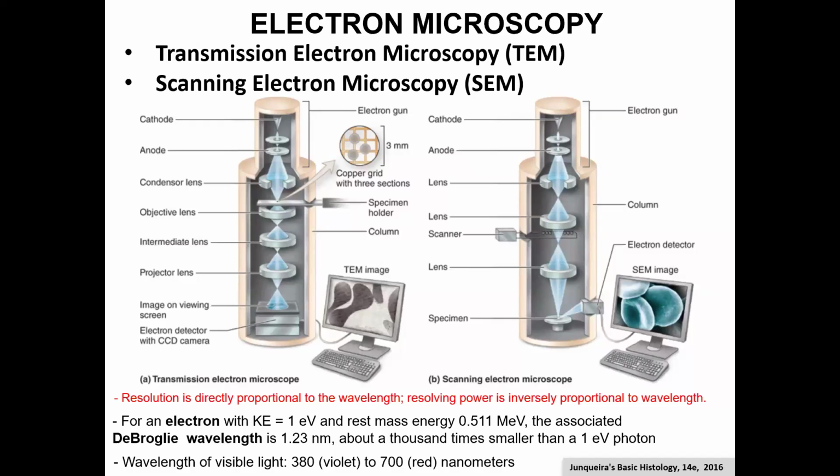And the electrons then hit a screen or an electron detector, which is usually a charge-coupled device. And one records the image on the screen, usually. Of course, it can also be recorded on a film.